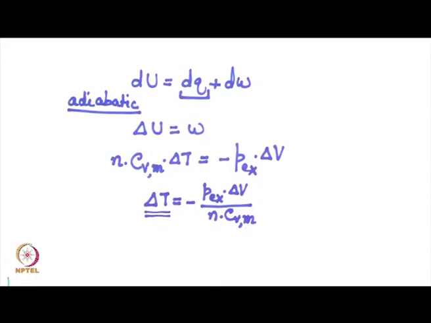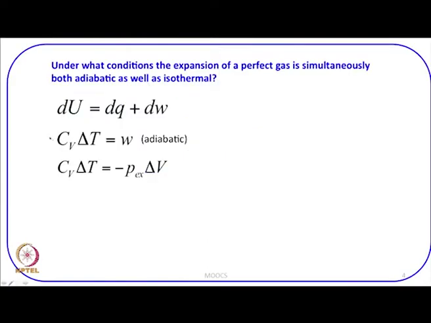This is what I just described: dU is equal to dq plus dw, and then immediately for an adiabatic change I can write that work done is equal to Cv times delta T. Remember that Cv is the heat capacity for a given size of a substance, and this Cv is equal to n times Cvm, number of moles times molar heat capacity.